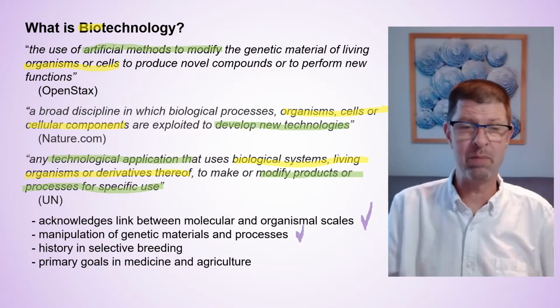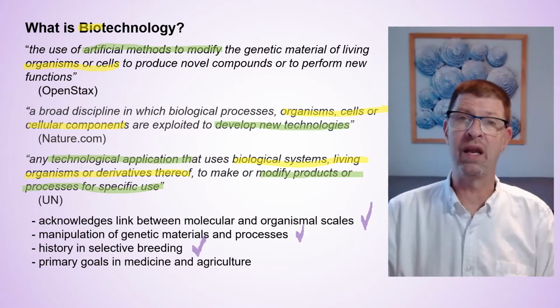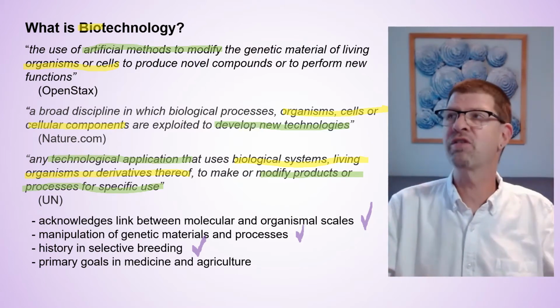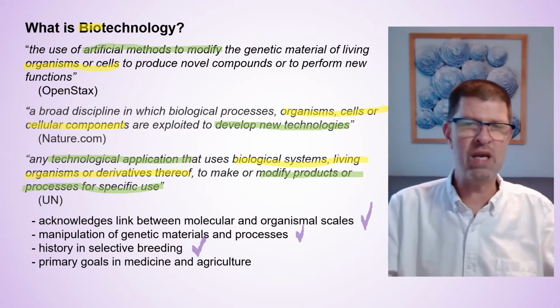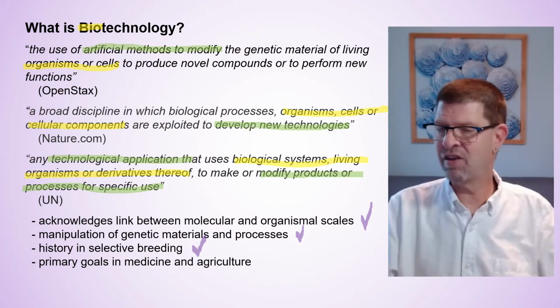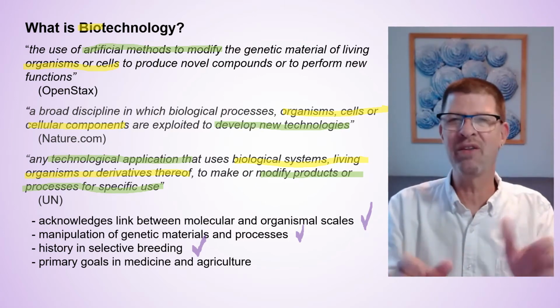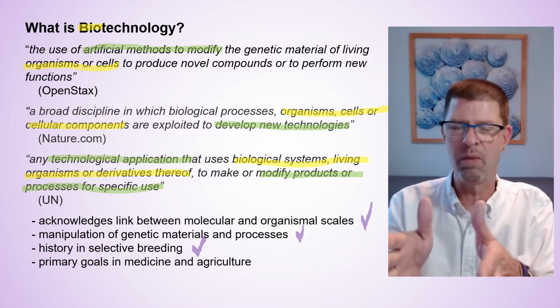It's going to involve manipulation. It has a history in selective breeding, which we have been doing for centuries, where farmers go out and they have some sheep or they have some corn, and they say, you know, that one sheep or that one stalk of corn really is better than all the rest. So let's get rid of all the rest and let's just grow that type. Let's just reproduce that type.